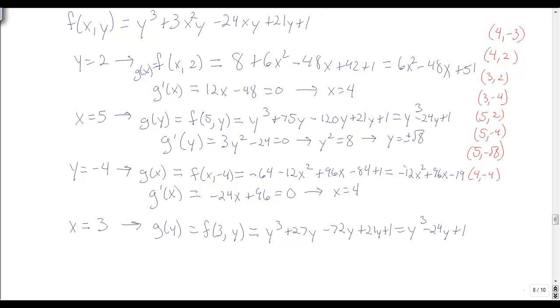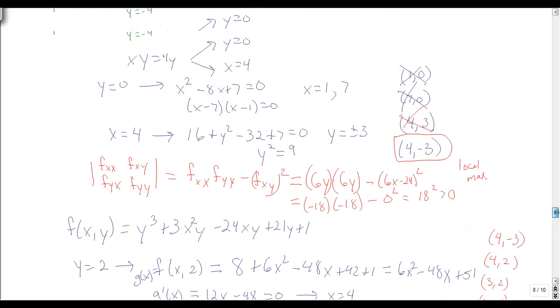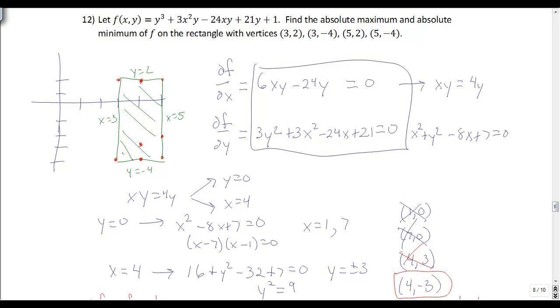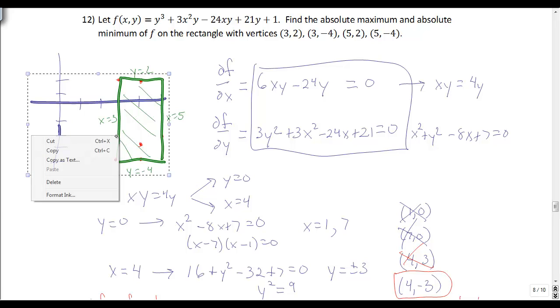What that means in the end is I'm going to get y equals plus or minus square root of 8 again. You could run through this calculation again, but if you notice it's the same thing, you can just reuse that. And like before, positive square root of 8, when I'm up at x equals 3, I'm on this line here, that's outside of the rectangle, but negative square root of 8 is going to be in my, whoops, negative square root of 8.